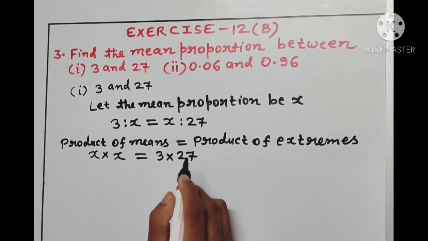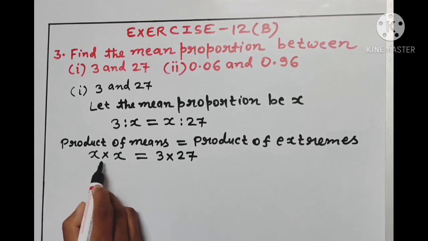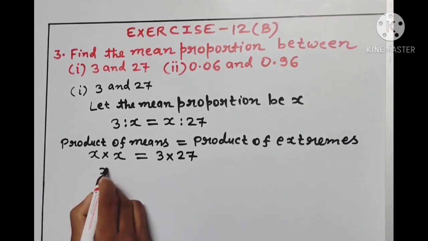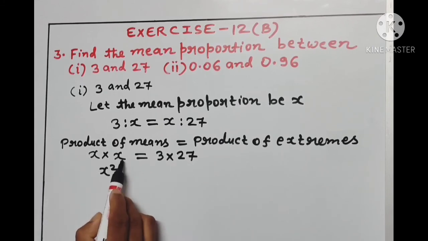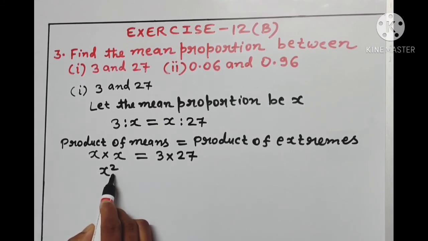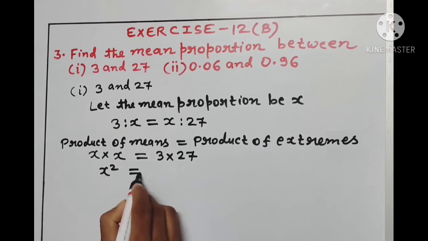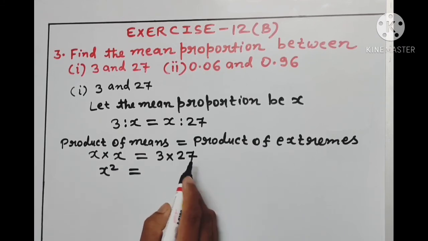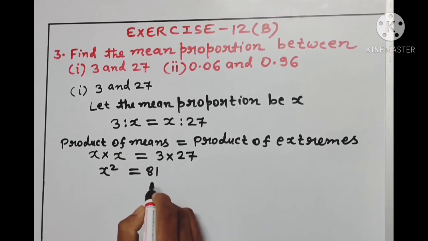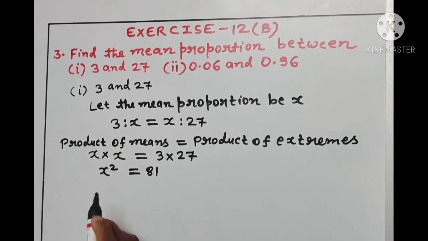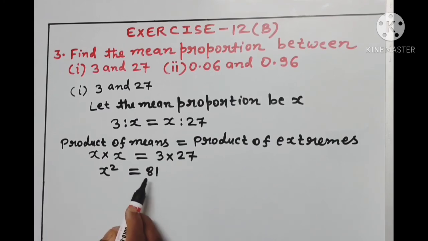Clear? Now x into x is x square. Remember that x into x is x square, and it is equal to 3 into 27, and the answer will be 81.